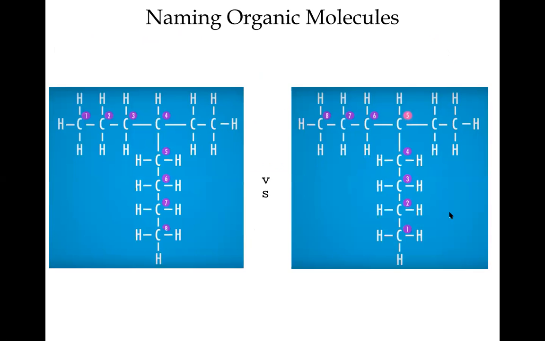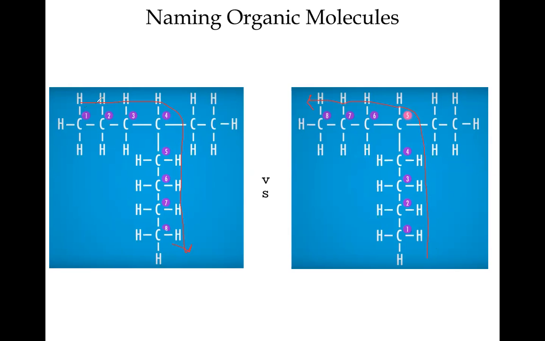So let's go back to the molecule we were just looking at, my little tricksy molecule that wasn't pentane or hexane, it was octane. We can number it two different ways, right? We can number it like this, 1, 2, 3, 4, 5, 6, 7, 8. Or we can number it from the bottom, 1, 2, 3, 4, 5, 6, 7, 8. But only one of them is the right way for IUPAC, okay?